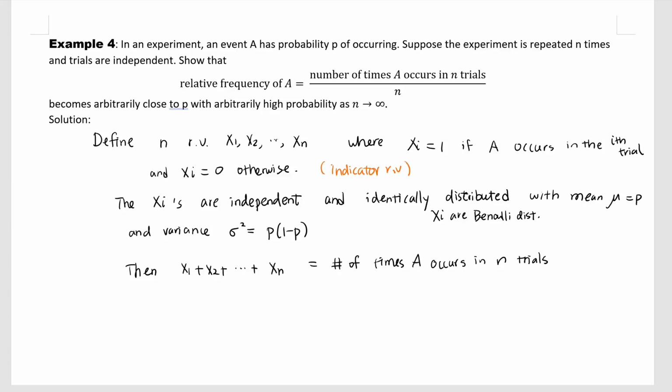So if we divide it by n, the sample mean, we add them all up and divide by n, this is the number of times A occurs in n trials over n. So this is actually the relative frequency of A.